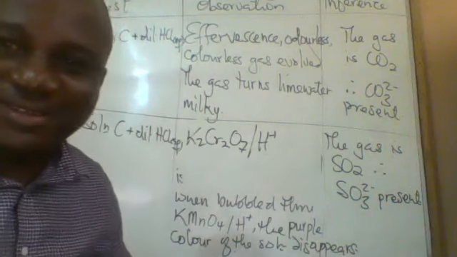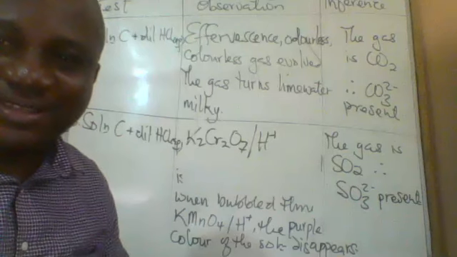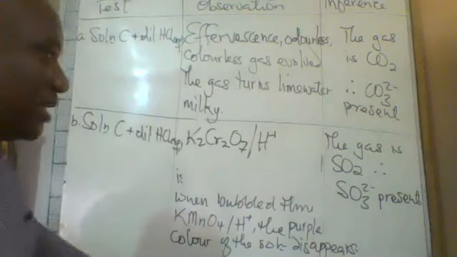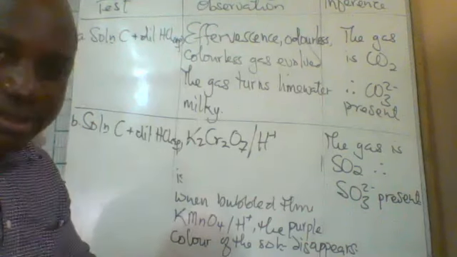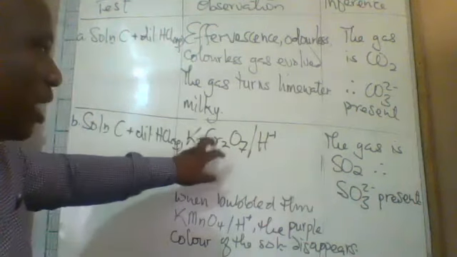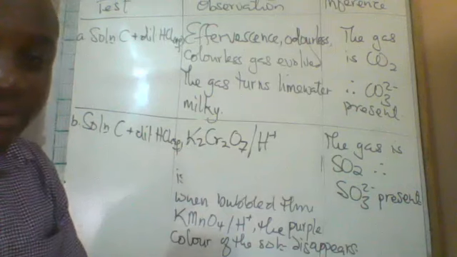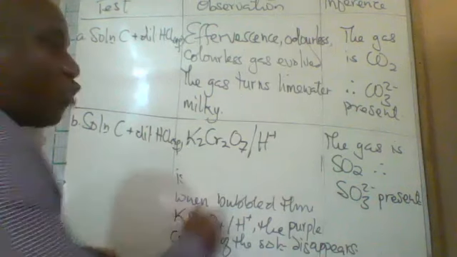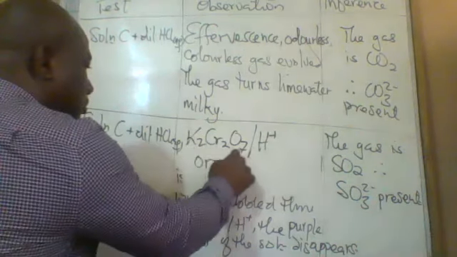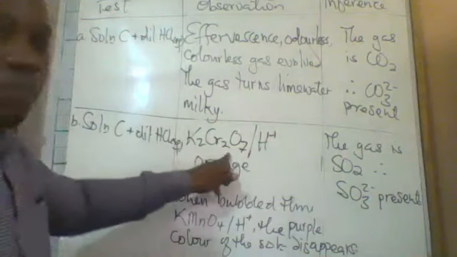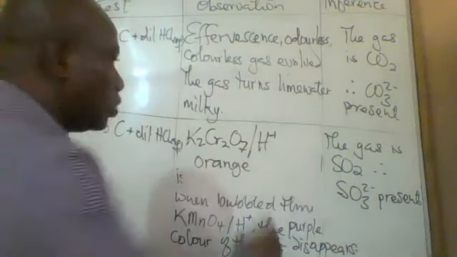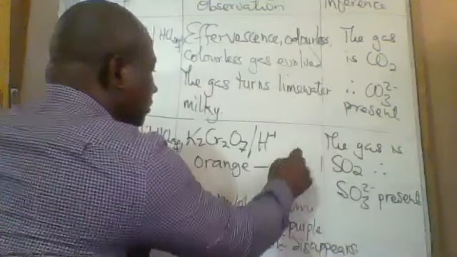What I'm saying is that when you bubble the gas through acidified potassium dichromate solution, it turns the orange color to green.